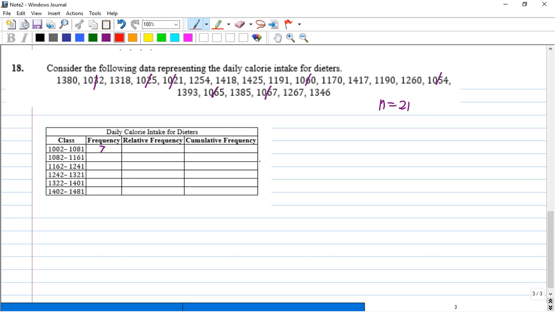All right. Now up to 1161. Is that 0? I didn't see any. Now up to 1241. So there's 1.